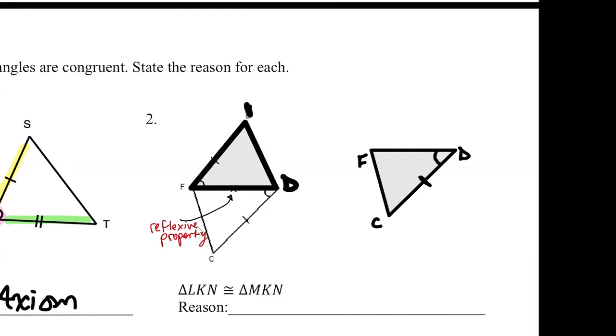So here's my DEF. Oh, I used a way thicker marker there. At the end of the day, it's not going to be that big of a deal. I just want to fix it.